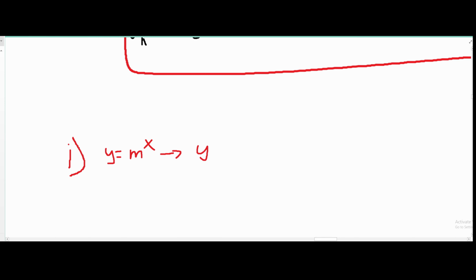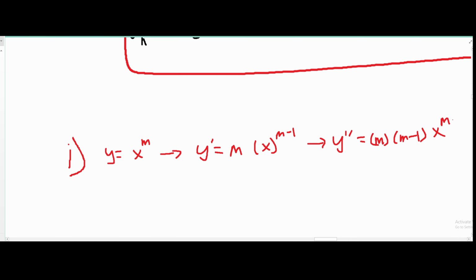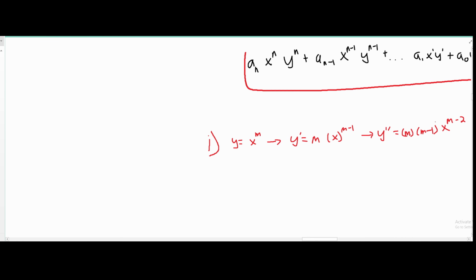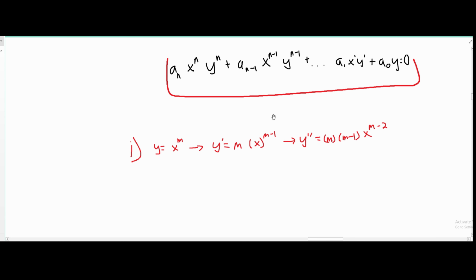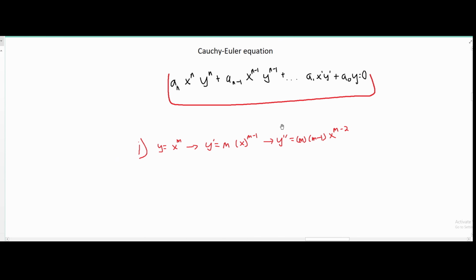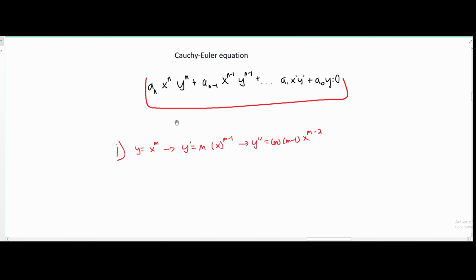After we take the derivative once, we're going to get m times x to the m minus 1, and then we take the derivative again. So this is the second derivative. We're going to get m times m minus 1 times x to the m minus 2.